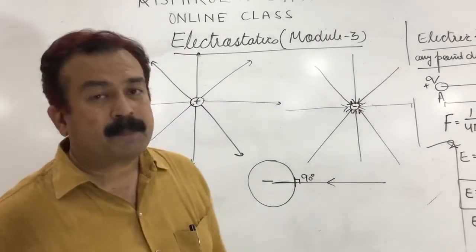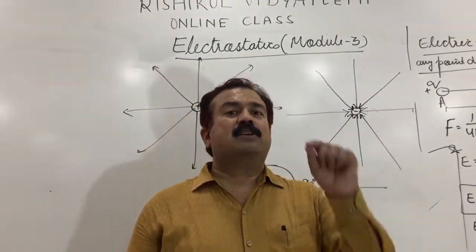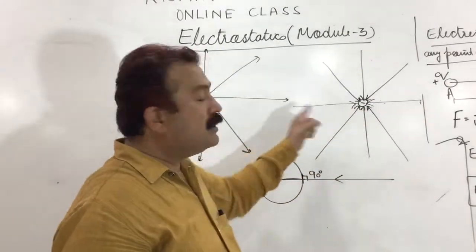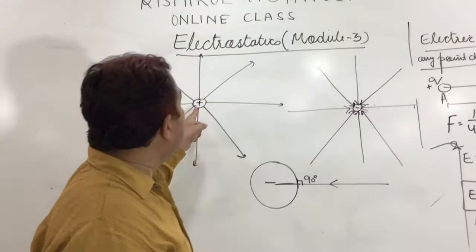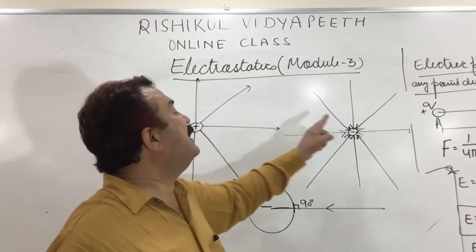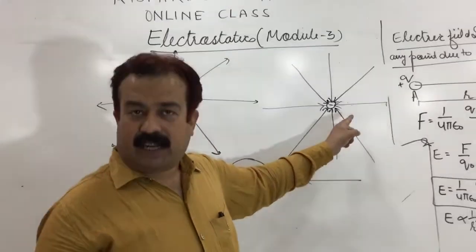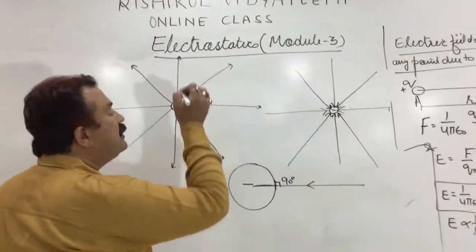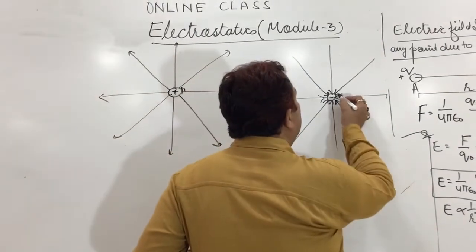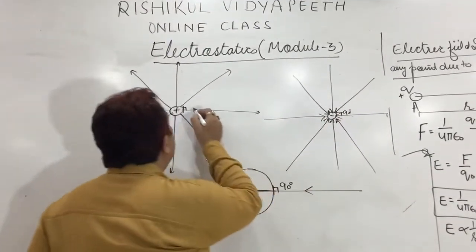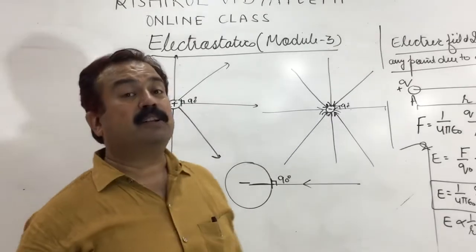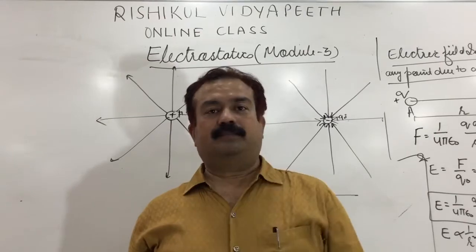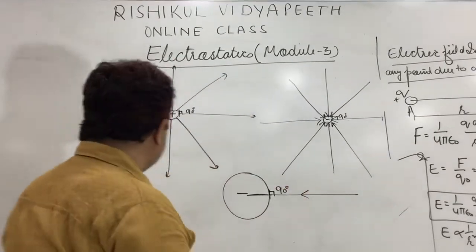This is another property: electric lines of force always start or end accordingly. Electric lines of force start from a positive charge and terminate at a negative charge. When they start, they are always at 90 degrees, and if they end, again they are always at 90 degrees. So on any surface where the charge is present, they act perpendicularly.